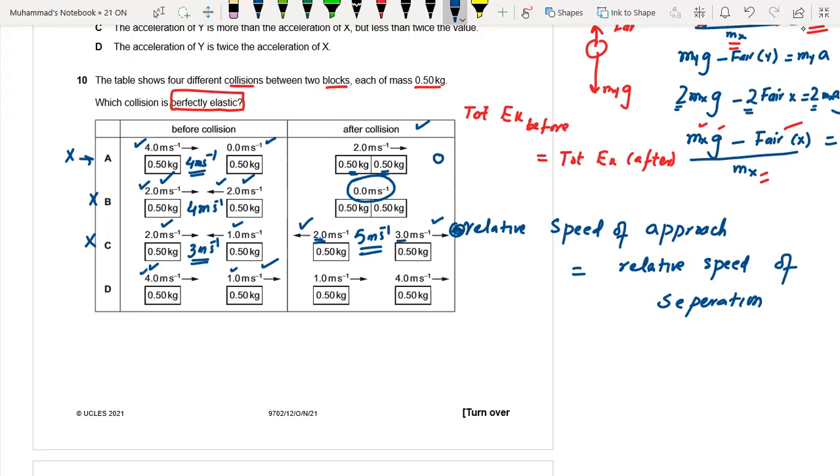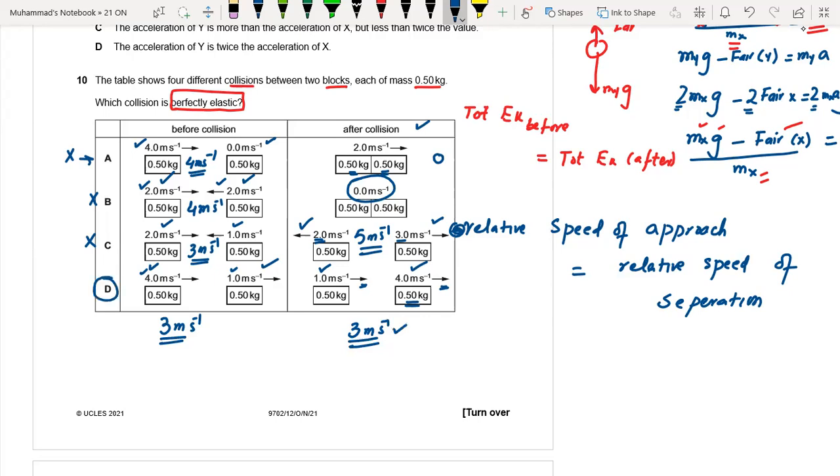So in this case, speed of approach is 3 meter per second, that is the difference of these two speeds. And after collision, this is moving with 1 meter per second, this is moving with 4 meter per second, and their direction of motion is the same. So this 0.5 kg is separating with relative speed of 3 meter per second. So their speed of approach is equal to the relative speed of separation. So only D is correct.